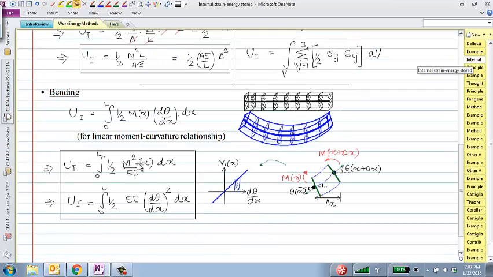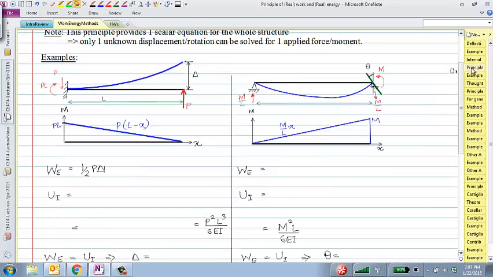So which one should I use? Should I use this one or this one or this one? 1, 2, or 3? 2, right? I know what the bending moment diagram is. I don't need anything else. There's EI, let's say it's constant. I can do integration so I can find the internal energy stored. So indeed, we'll use that, M square over EI times dx and integrated.